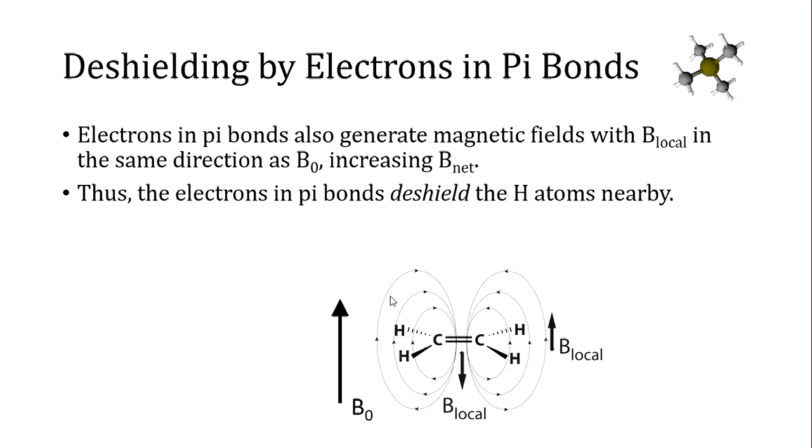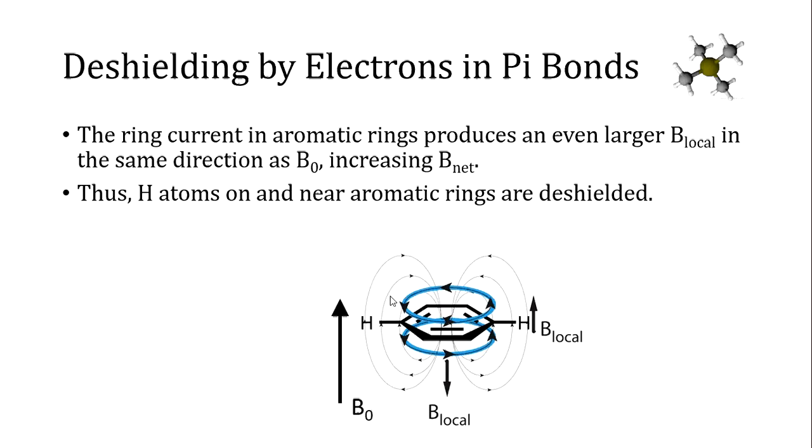So pi bonds deshield nearby hydrogen atoms, and the biggest effect is felt when there is an aromatic ring in the molecule, because in an aromatic ring not only are there pi bonds, but there are pi electrons in pi bonds oriented in a circular pattern that can actually generate a current. So not only are those electrons moving in respect to their individual atoms, electrons in an aromatic ring are actually moving around the entire molecule.